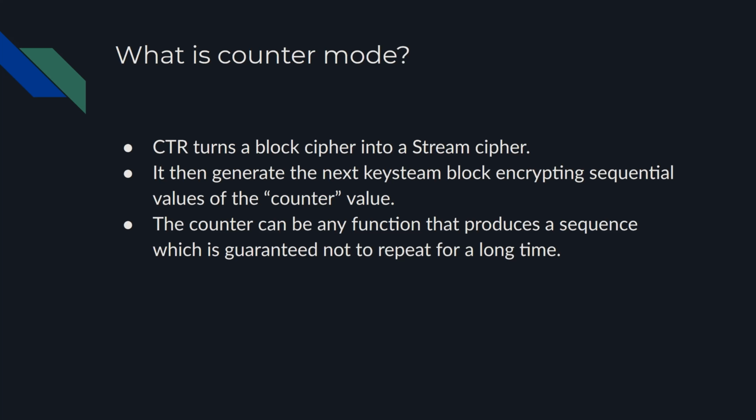It generates the key stream block by encrypting sequential values of the counter value. So basically it takes a nonce and it adds a counter value to each individual block to basically add randomization into the encryption algorithm.